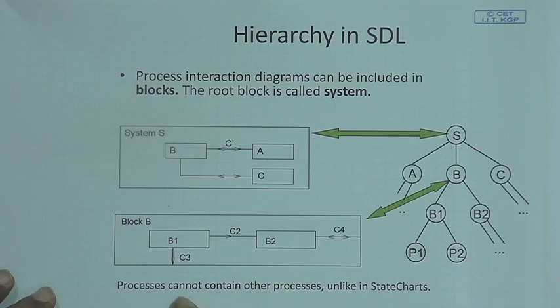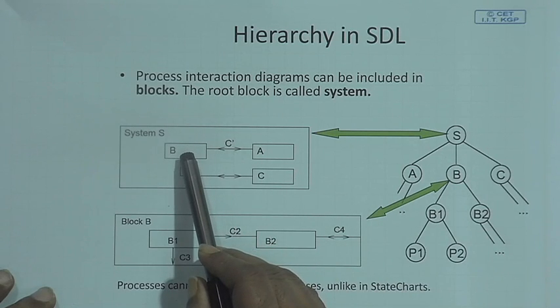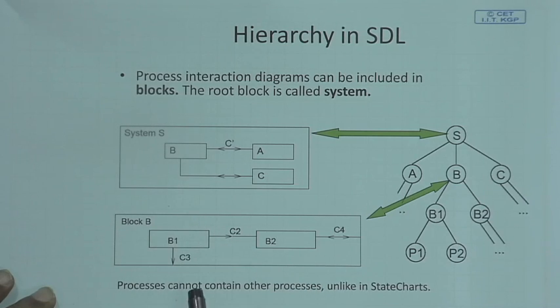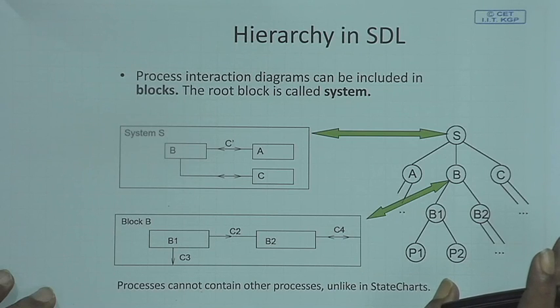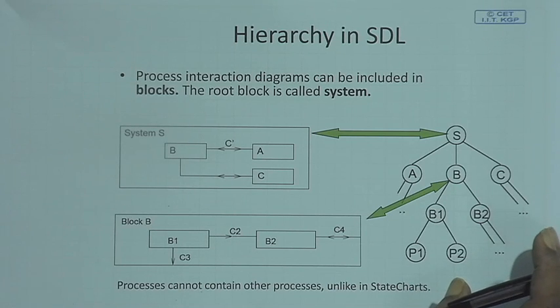Now, this block can contain processes, and that is the leaf node. Processes cannot contain other processes, because in SDL what is a process? A process is essentially an FSM. So, I cannot decompose it any further, which I could do in statecharts. In statecharts, that state machine was itself broken down.